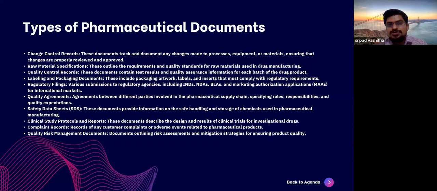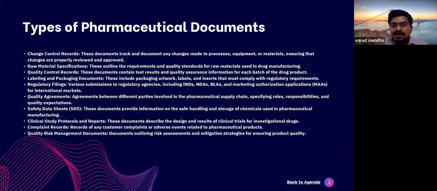If you would have observed in your labels, they would say manufactured by, marketed by, right? So if you use a third party manufacturer, then there would obviously be a quality agreement in place. Yes, these are certain examples of agreements.